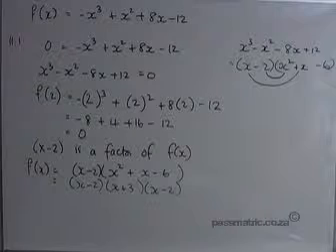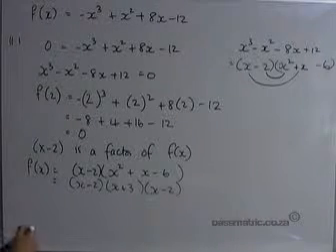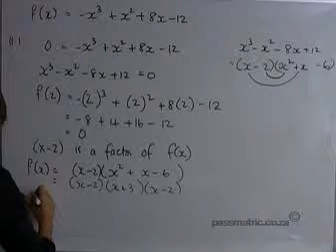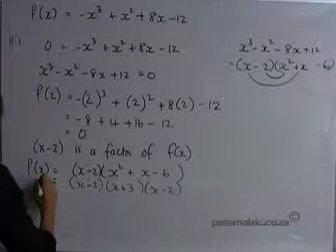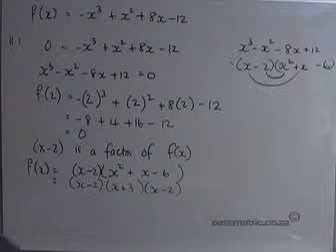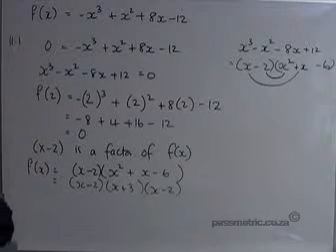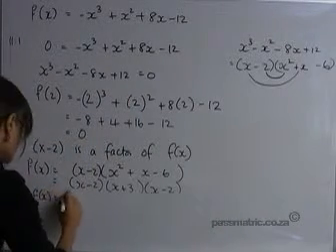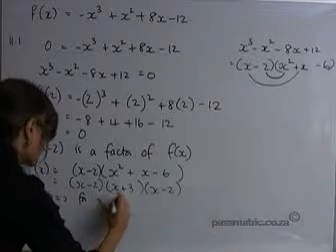And the question now asks for the x-intercepts. So I know now that the value of f of x must be 0 in order for me to find out what my x-intercepts are, and I've put that in place there. So f of x equals 0 for x-intercepts.